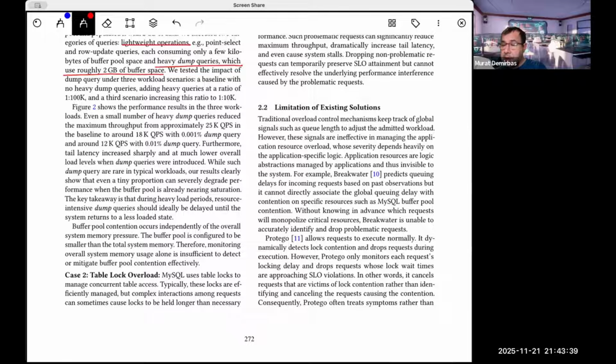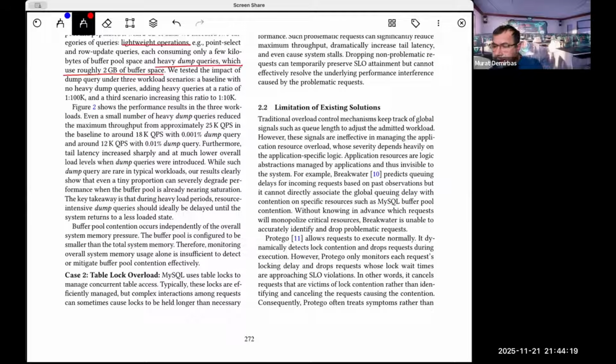The entire data space. Figure 2 shows the performance results in the three workloads. Even a small number of heavy dump queries reduced the maximum throughput from approximately 25 kilo QPS, queries per second, in the baseline to around 18 kilo QPS with a 0.001% dump query and around 12 kilo QPS, almost less than half, with 0.01% dump query.